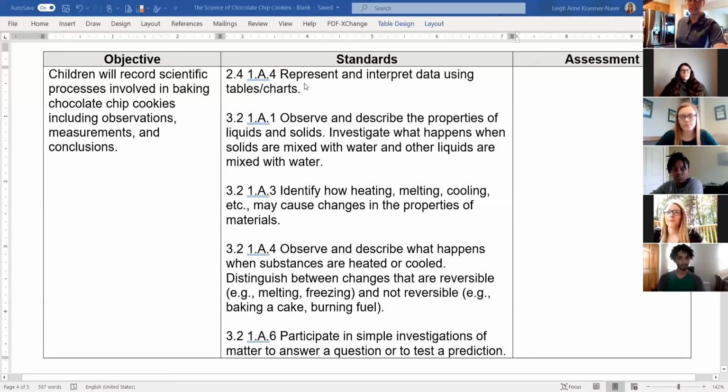What would we need to do if we're thinking about, we want to assess how well they represent and interpret data? What can we do? You can ask them questions about the data and see what they learn from it. Like just asking them questions like if they knew before how much the cookies weighed, and when you weigh them again, if they can say, okay, it's like 3 ounces less than what it was when we weighed it the first time.